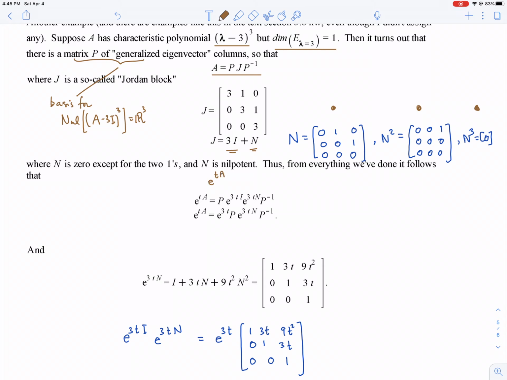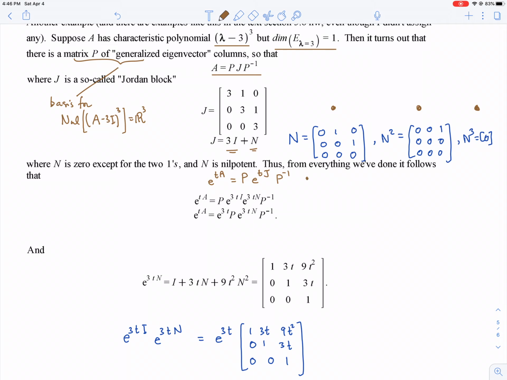when we just put in those power series for powers of A, everything will have a P on the left and a P inverse on the right, and in the higher powers, everything telescopes. So we have this identity, so that's what we did before.